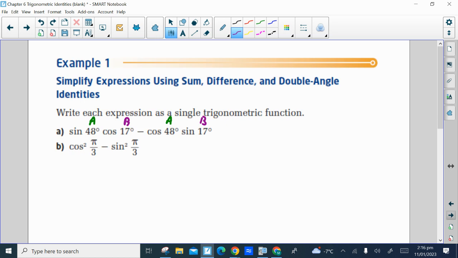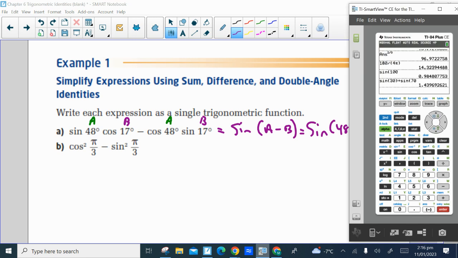So this is the same thing as the sine of A minus B, or the sine of 48 minus 17, or the sine of 31 degrees. We've expressed it as a single trig function. We've simplified it.